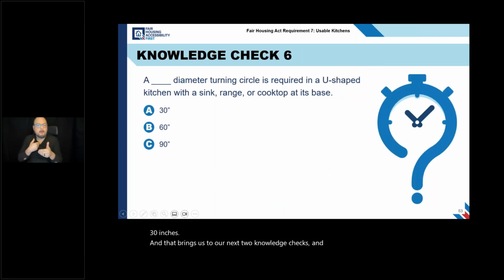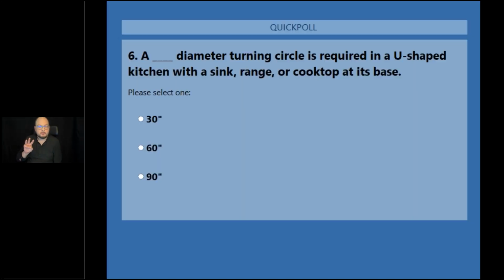Knowledge check 6 reads, a blank diameter turning circle is in a U-shaped kitchen with a sink, range, or cooktop at its base. Your first answer selection is 30 inches. The second selection is 60 inches. And the third selection is 90 inches. All right.